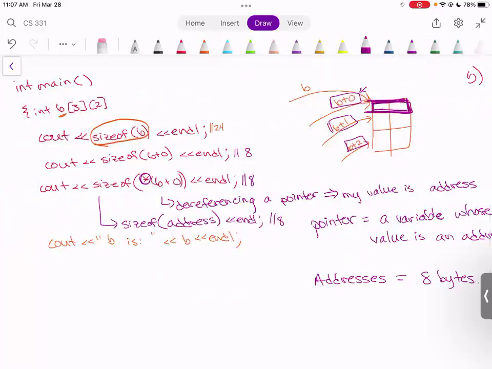Any questions about these 3 so far? Can you say is equal to? No, you can't say that, because b sub 0 is only, let me see, b sub 0.